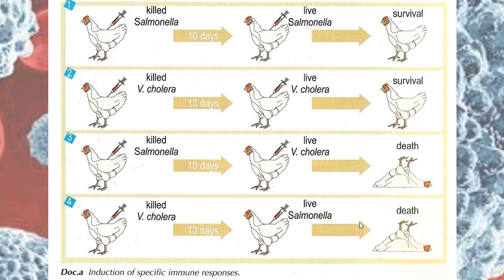So this is a very important document that shows that the specific immune response is said to be specific because it's targeted against a particular antigen only, and after the primary immune response, the body will be immunized and will form memory cells, which are long-living cells. We call them memory cells because their job is to remember this particular antigen if the body meets this antigen again.